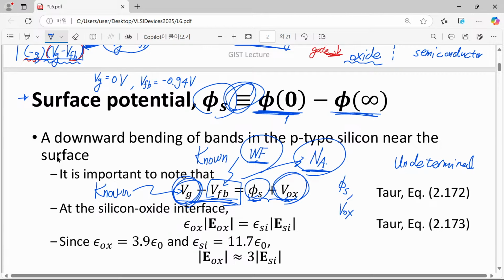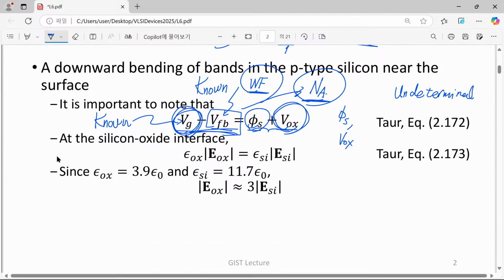Of course, you can say that, okay, if we have a certain band bending in the semiconductor, and if we have another one corresponding to the oxide potential, then the sum of these two quantities will be given as, once again, minus q times Vg minus flat band.